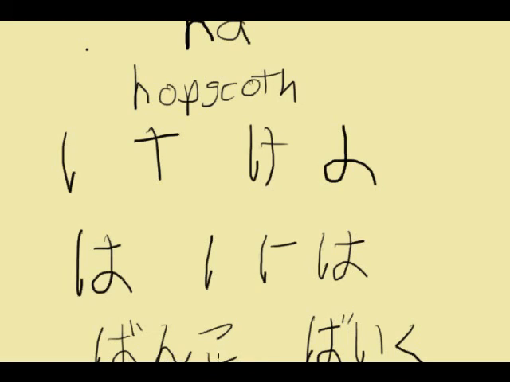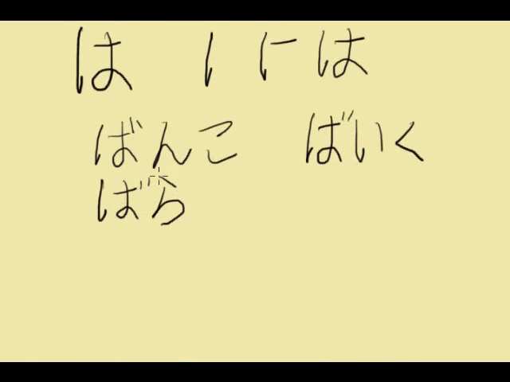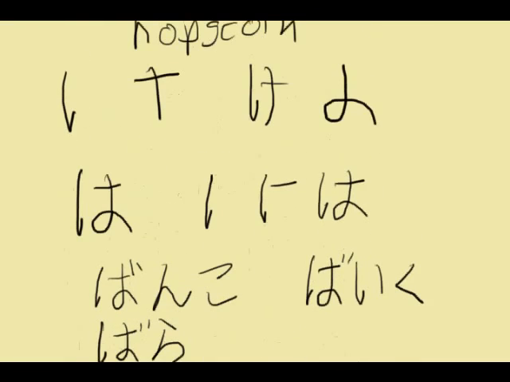Hanko becomes banko. Hara becomes bara. Haiku becomes baiku. Simple as that. And it helps if I actually put them in, so hanko, haiku, bara. Bara is rose, out of interest.